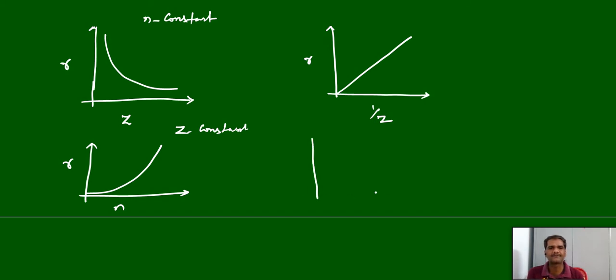And R versus n square, if we take, you will get a graph again of this type, linear, which passes through the origin. So these are various graphs. You should remember these two graphs. The bottom two graphs are for the same atom, and this is the same shell. The first two graphs are for the same shell, different atoms.